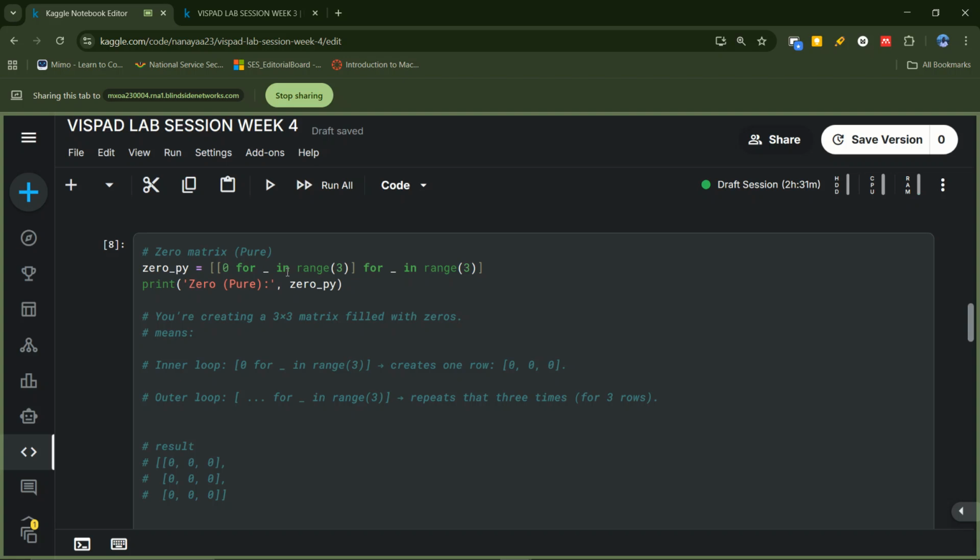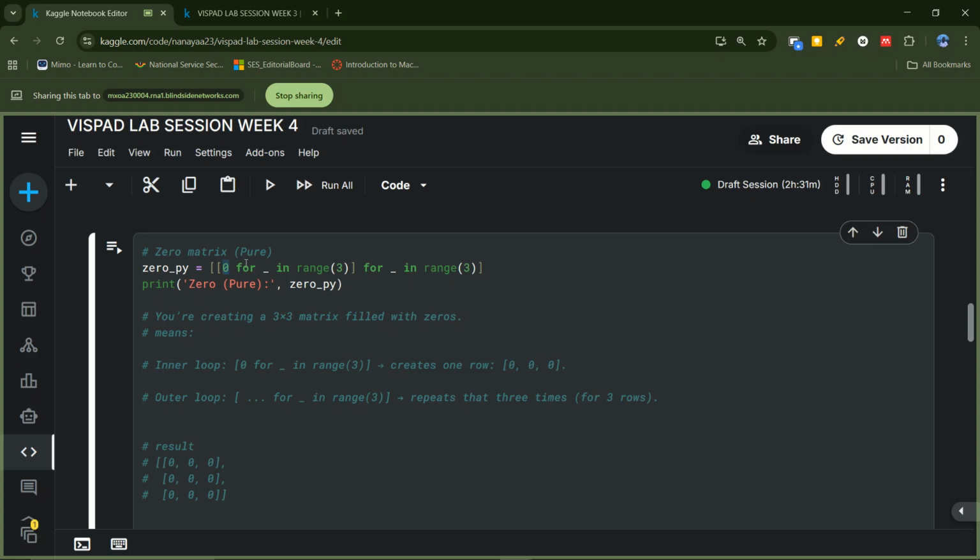Underscore is like another variable, some variable we don't really care about. Then for the range of 3, remember, if we say range of 3, we are considering numbers 0, 1, and 2. So it means you are creating a 3 by 3 matrix filled with zeros.